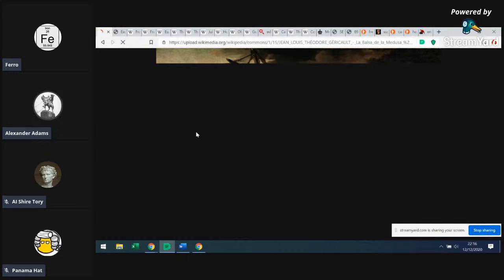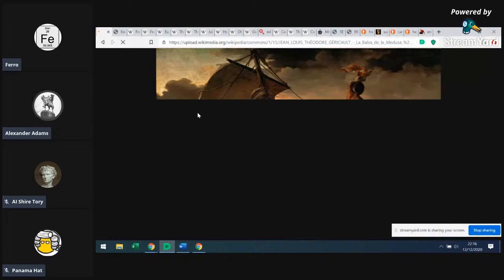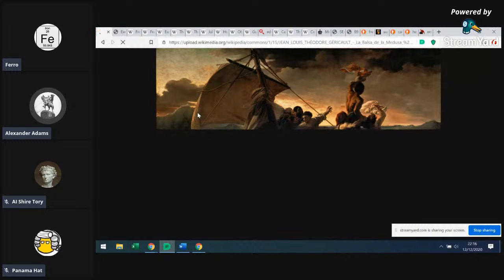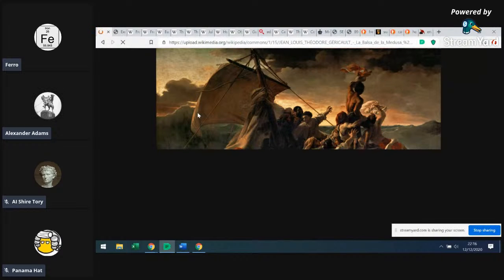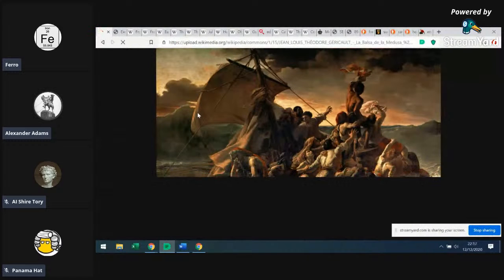So there were very few survivors, and so we see here the famous moment of drama, where one of the people on the raft is lifted up, and he holds a piece of cloth, and he's waving to a ship which is on the horizon.